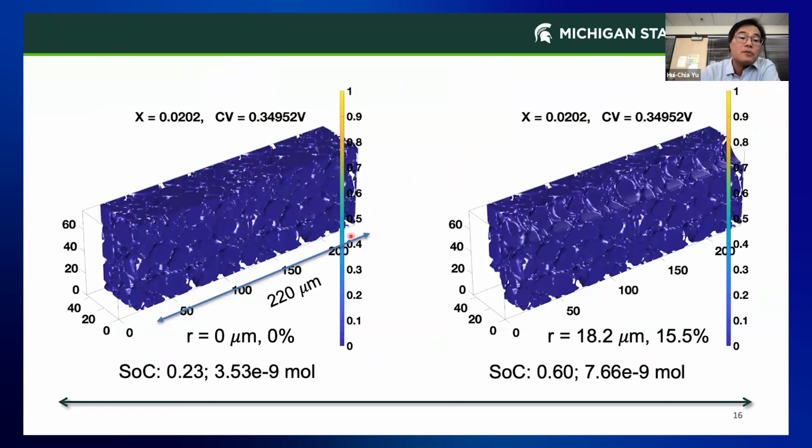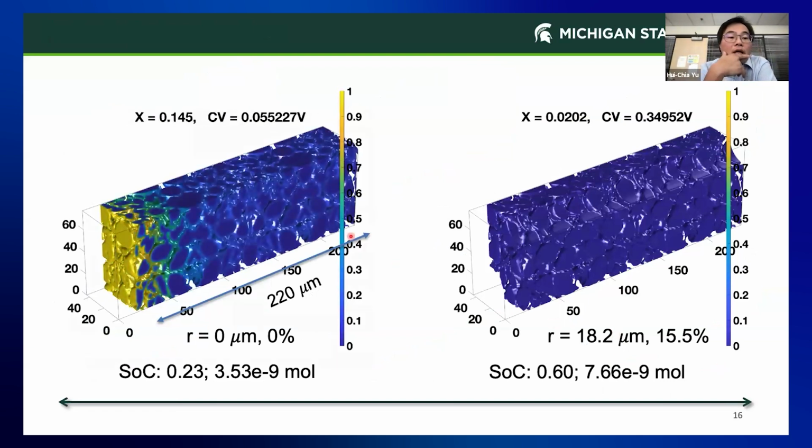And then here is the simulation result of the no tunnel case. So when this electrode reaches the plating point, you only use about 22% of your entire electrode. You have to stop the charging process. This one is another example. You have a tunnel that removes about 15.5% of your volume.